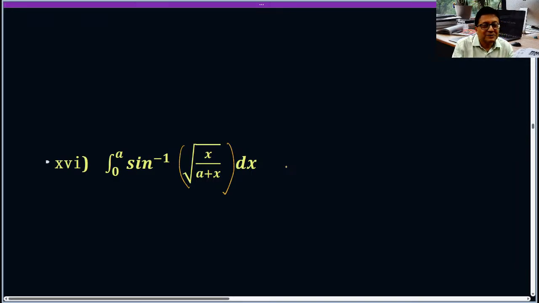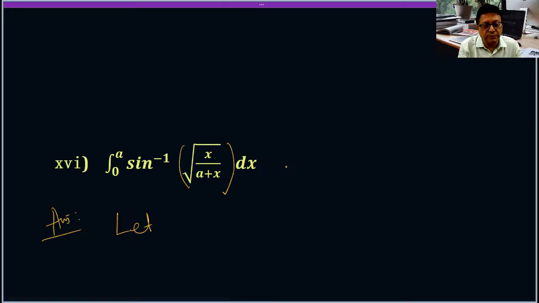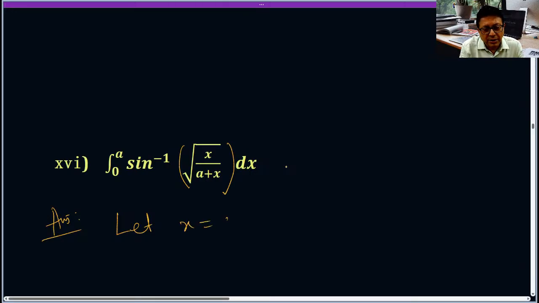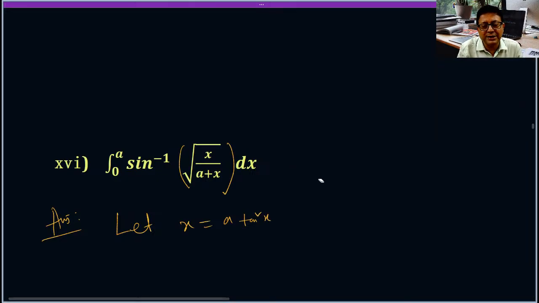How to do it? Let x equal to a tan square theta. Put it. x equal to a tan square theta, not x.